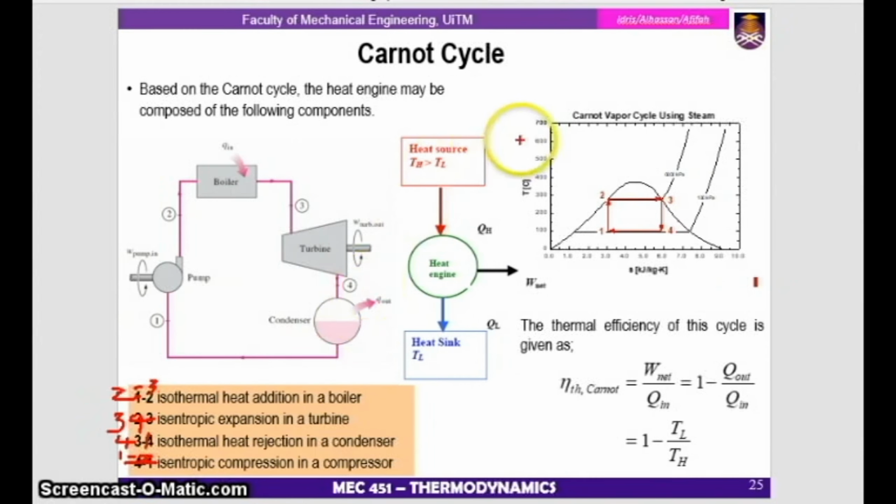Okay, from this cycle, we can get the thermal efficiency based on the simple equation, W net over Q in. We can simplify this equation to 1 minus Q out over Q in, or 1 minus TL over TH.